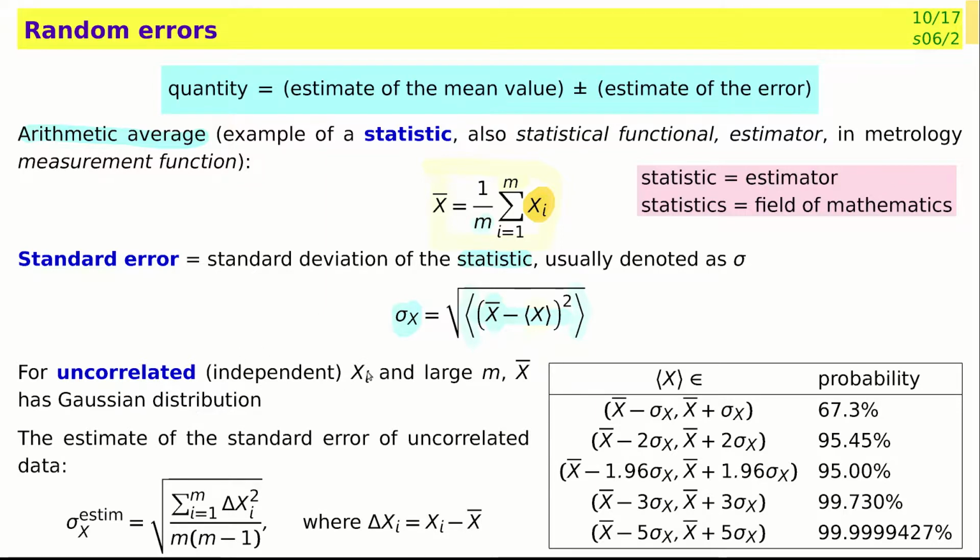Second, if we have a lot of independent random variables or individual measurements, and M is large and this has reasonable statistical properties like a converging or finite average and variance, then this arithmetic average has approximately a Gaussian distribution.